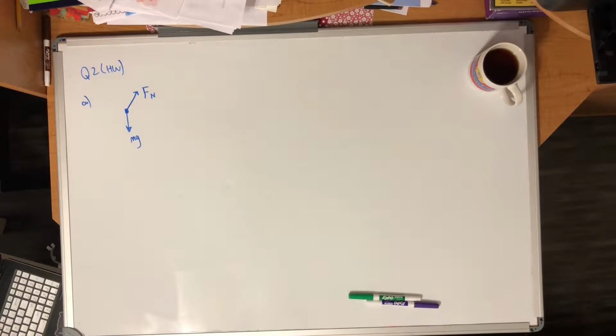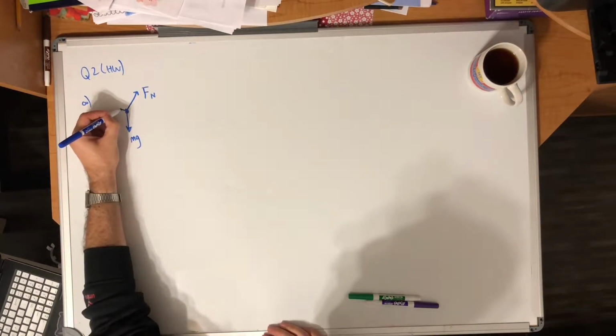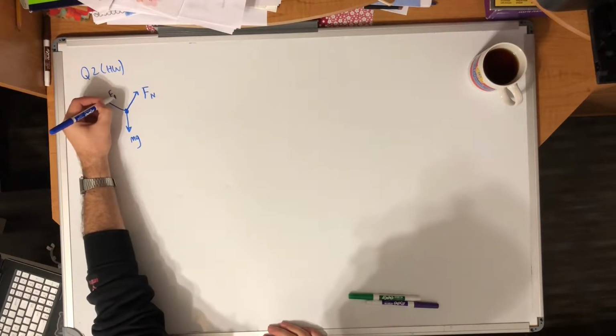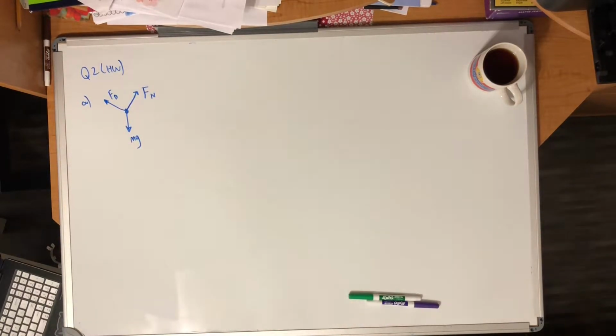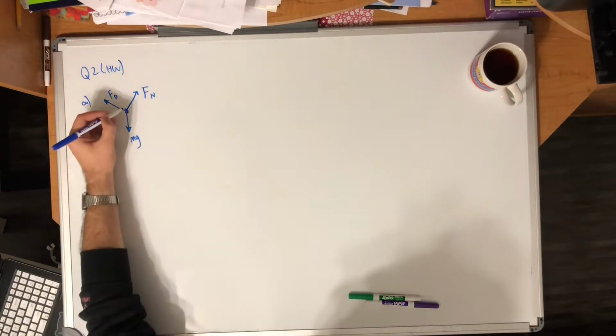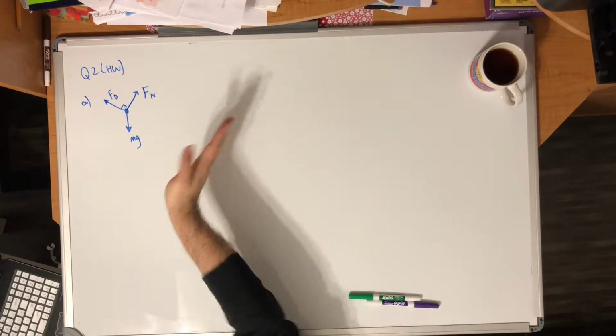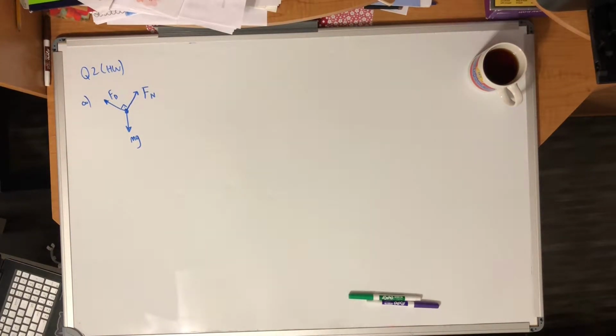And then you also have air resistance, so that is going to be going against the movement, so that is going to be the drag force. You don't need to show that, but the angle between this drag force and normal is supposed to be 90 degrees, because one is along the surface and the other is perpendicular to the surface. So that is your free body diagram.